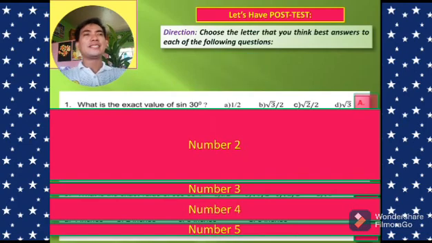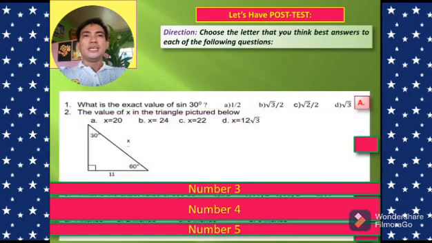The correct answer is letter A. Number 2. The value of x in the triangle pictured below. Ready? Go. The correct answer is letter C.